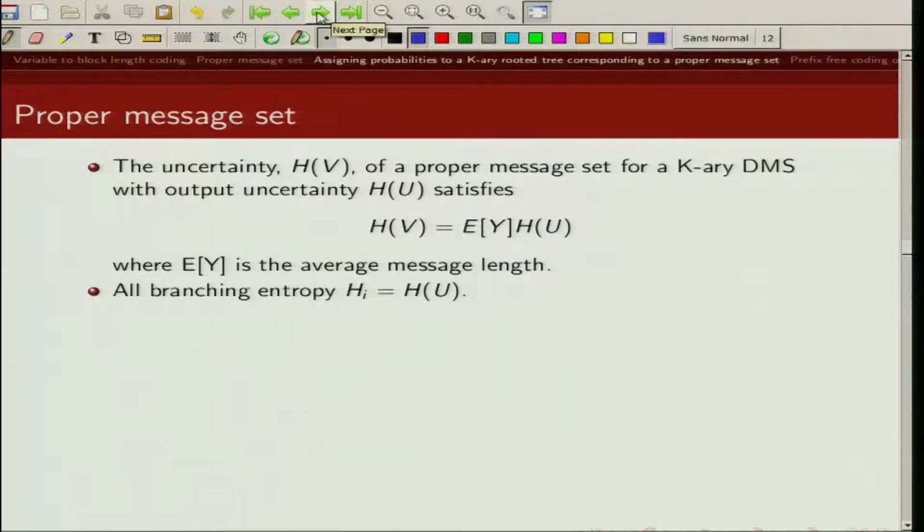Now, please note that the branching entropy for this proper message set is given by H of U. Now, why is this true? So again, just go back and draw a proper message set. Let's draw the same proper message set that we have been working with.